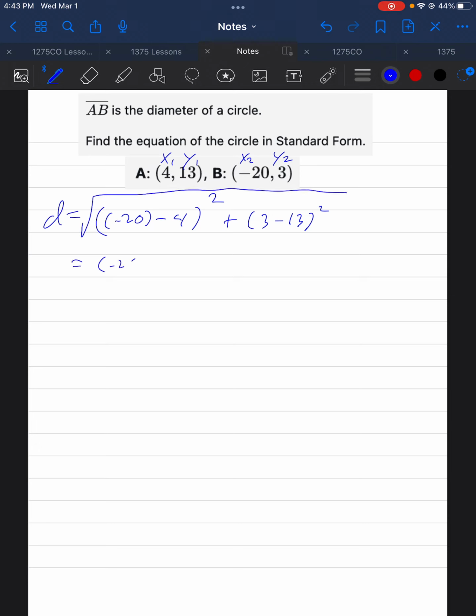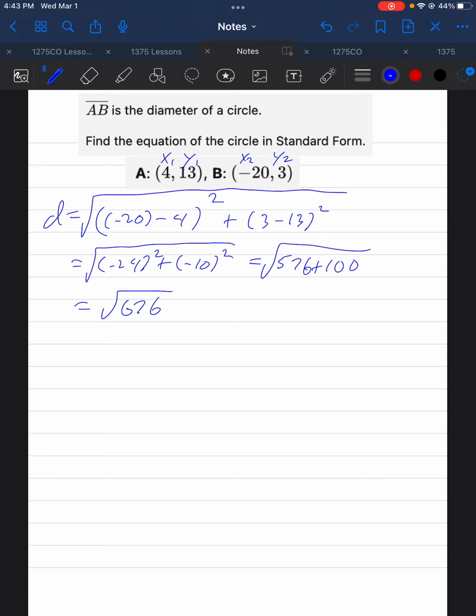This is equal to negative 24 to the second plus negative 10 to the second. Anytime you square a negative, remember the result is positive, so that's going to be a positive 576 plus 100, which means we have a square root of 676 as our distance. This is actually a perfect square.